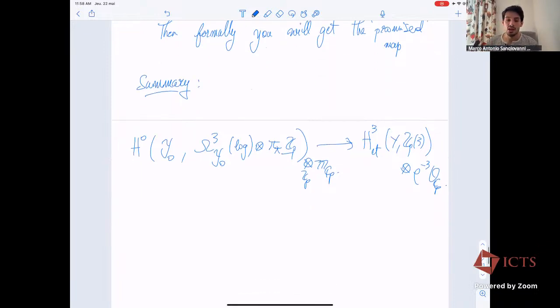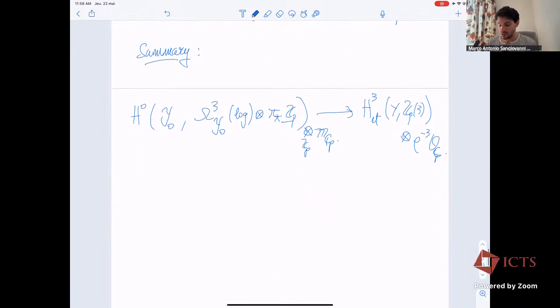Okay. So it's not exactly what I promised, because what I said before is that here I had OCP and here there was no rho.